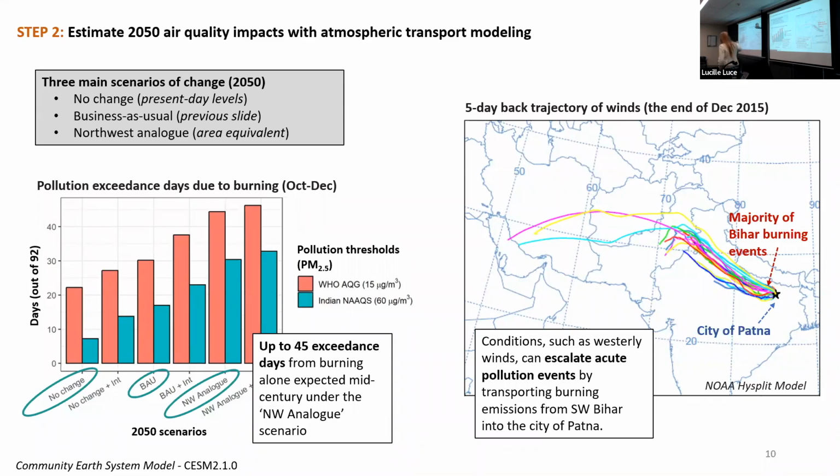We also know that the location of the burns in Bihar in the southwest are in fairly close proximity to the main city. So depending on the wind conditions, it can cause some pretty big issues and acute events in the city. So it's not just about these overall averages, but also these really bad days, depending on what other conditions are adding to the issue and carrying those pollutants.